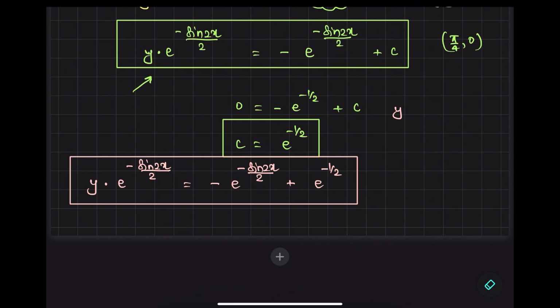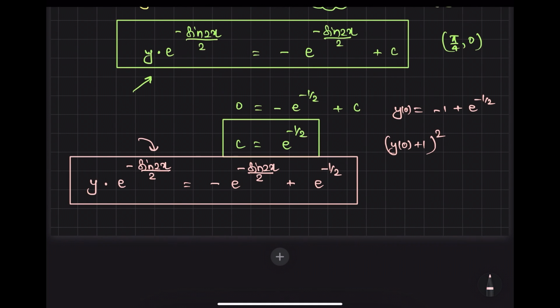So look at this, what will happen. If you replace x with 0, sine 0 is 0, so e power 0 is 1, so on the LHS you will have y is equal to minus e to the power 0, so it is minus 1 plus e power minus 1 by 2. So we got y of 0 as this. Now we have to find y of 0 plus 1, whole square.